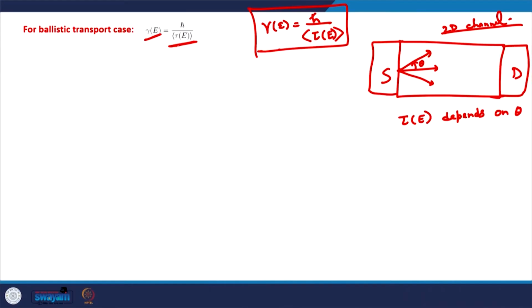So, this is how, in order to calculate gamma E, we found out average of tau E, and the average of tau E actually turns out to be L divided by average of velocity of electrons in x direction at energy E. Okay.